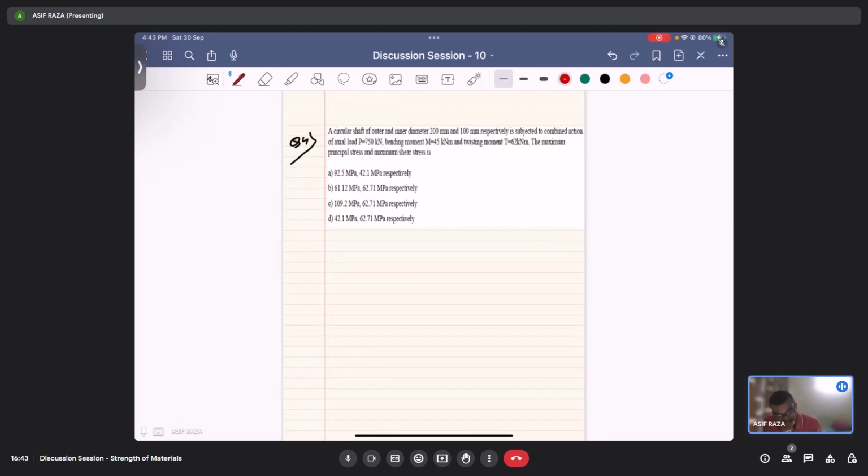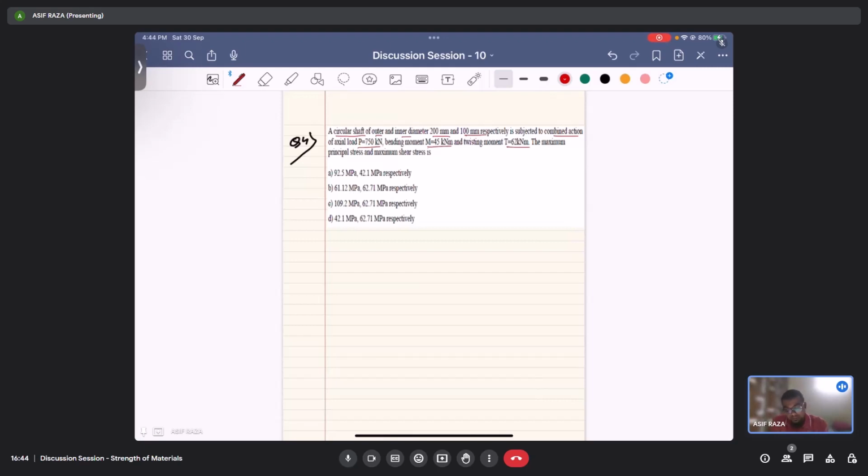Next question is, a circular shaft of outer and inner diameter 200 mm and 100 mm respectively is subjected to combined action of axial load P equal to 750 kN, bending moment value 45 kN-m and twisting moment 62 kN-m.